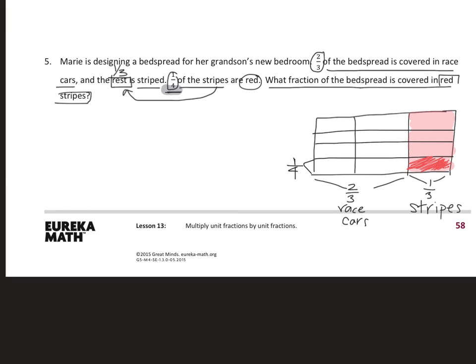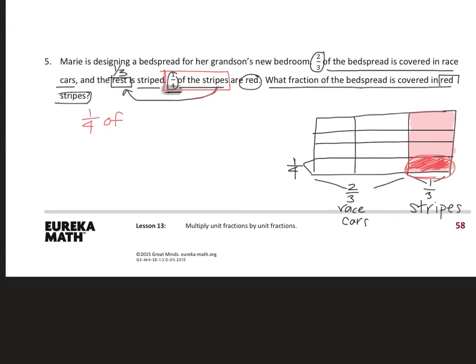So what fraction of the bedspread is covered in red stripes? Well, it is this piece right here that we just double shaded. So what did we find? Our expression was, we have 1/4 of the stripes.